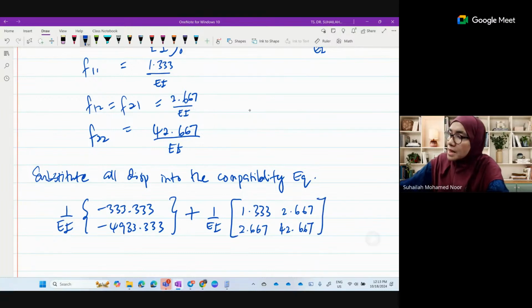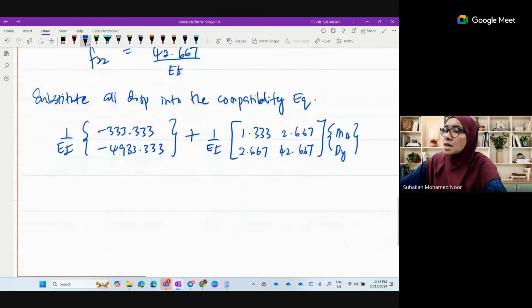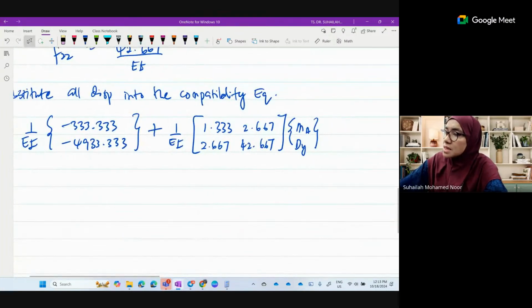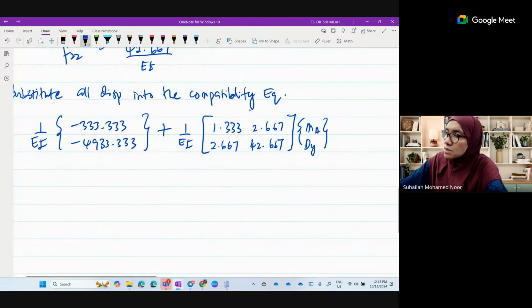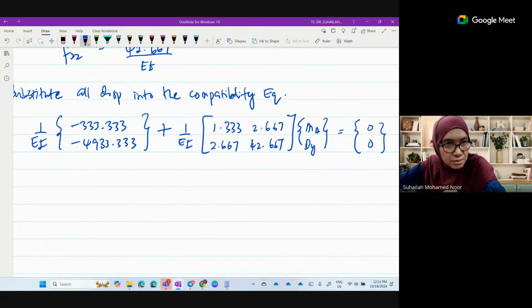Okay, kali dengan tadi the first redundant is MA, the second redundant is dy kan, dy. Okay, and this is equal to 0, except kalau ada support settlement. Okay, so this is the compatibility equation.